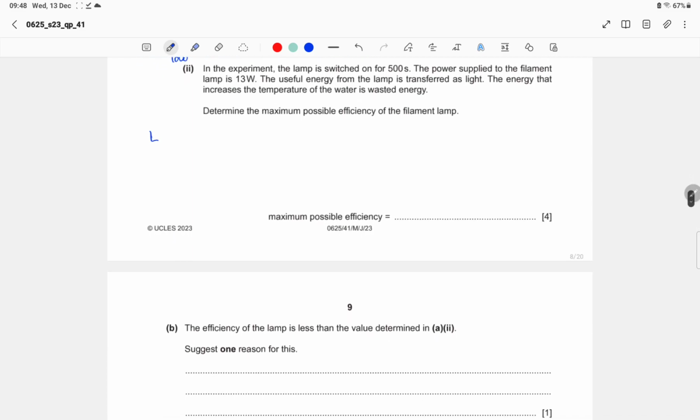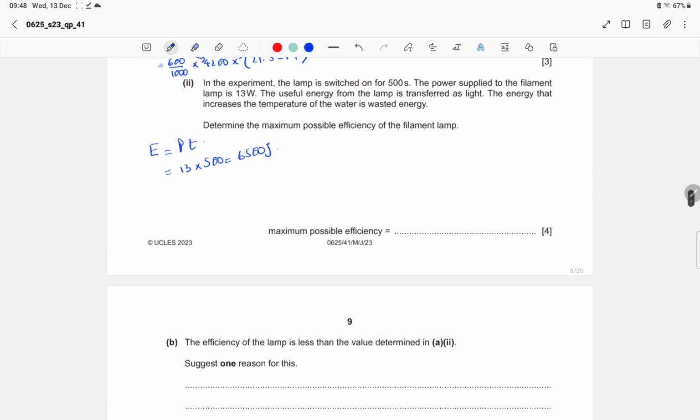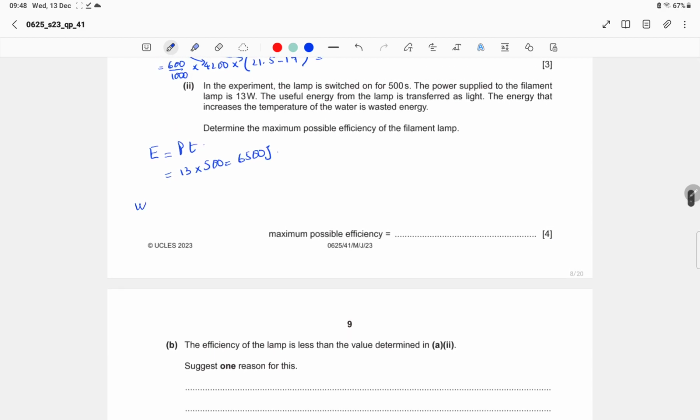So what you have to do is first find out the energy, which is power times time: 13 times 500 is going to be 6500 joules, and now you have to find out the useful energy. So basically that was the total energy. Useful energy is equal to 6500 minus 6300.